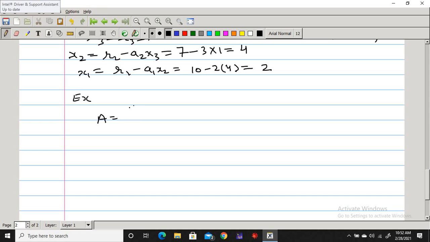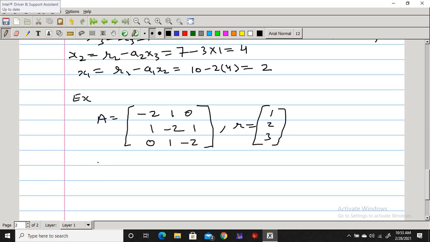Matrix A is given as minus 2 1 0, 1 minus 2 1, 0 1 minus 2. And R is given as 1, 2, 3.